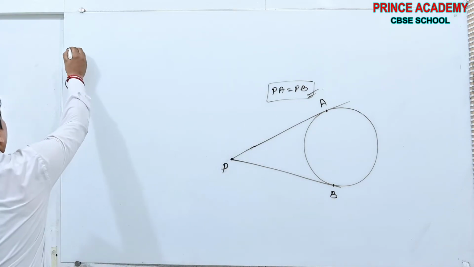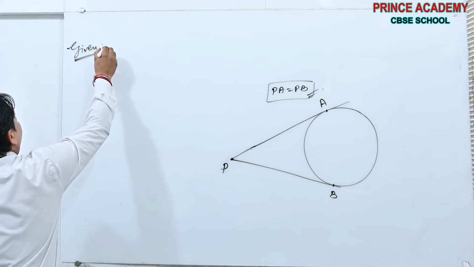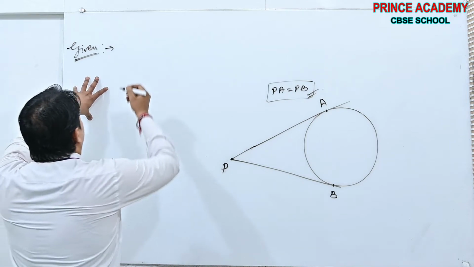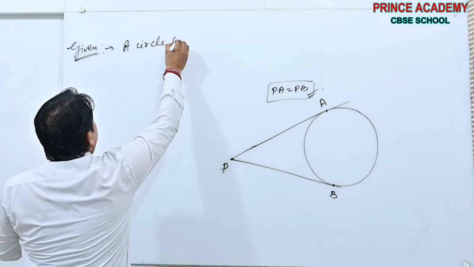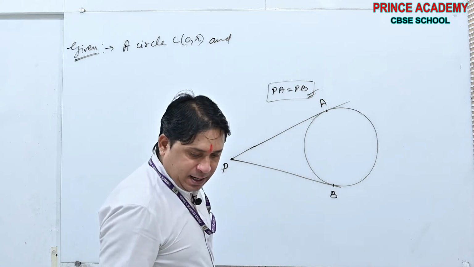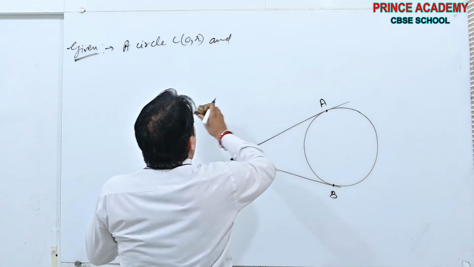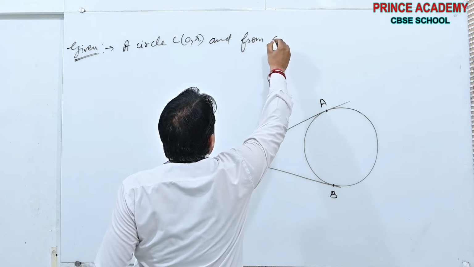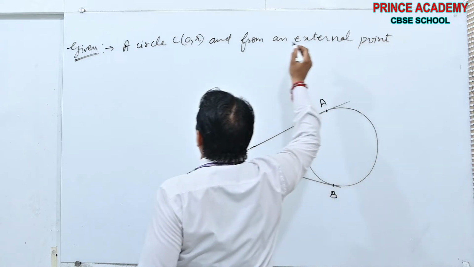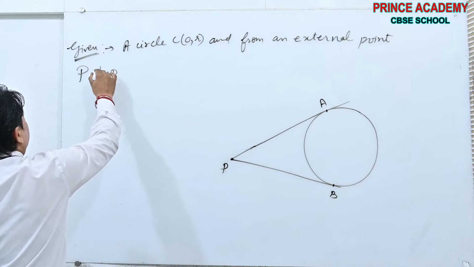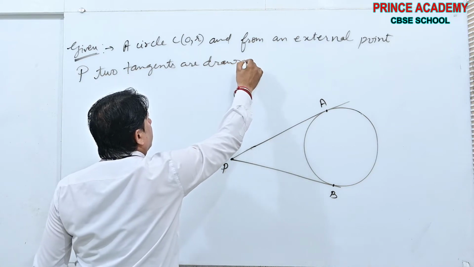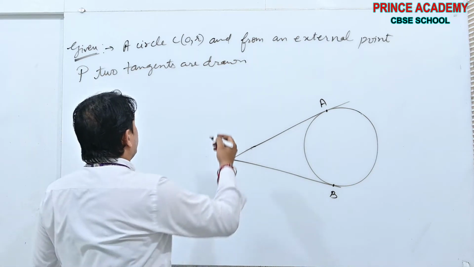Now see, given. This is the theorem: tangents drawn from an external point to a circle are equal. What is given? A circle with center O, and from an external point P, two tangents are drawn.